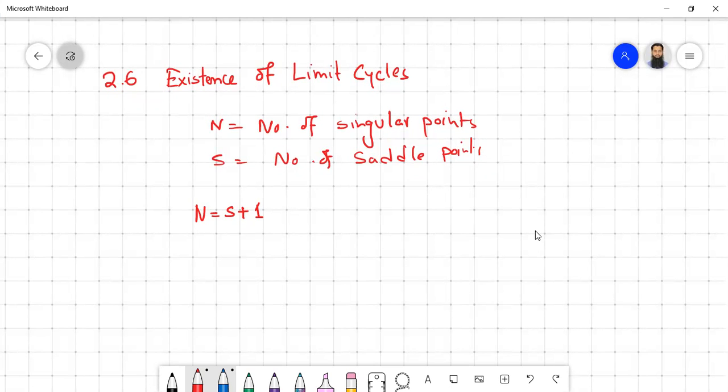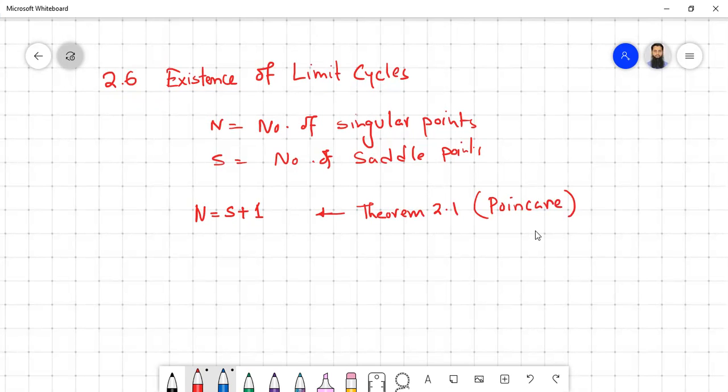So this is theorem 2.1, and the inventor's name is Poincaré.